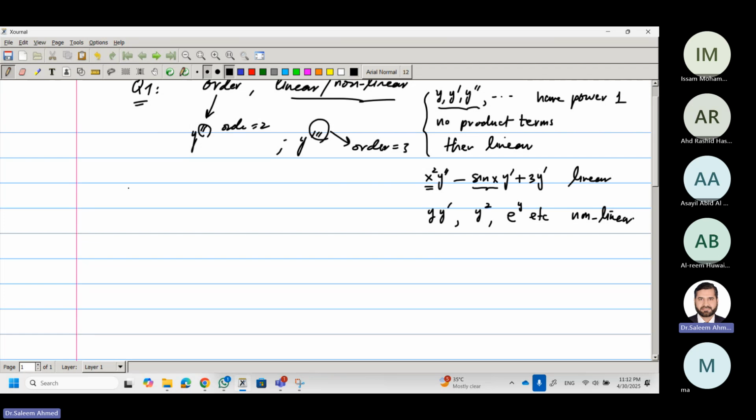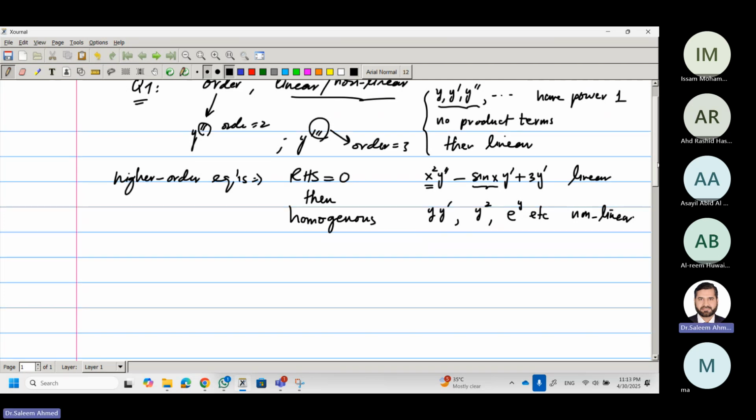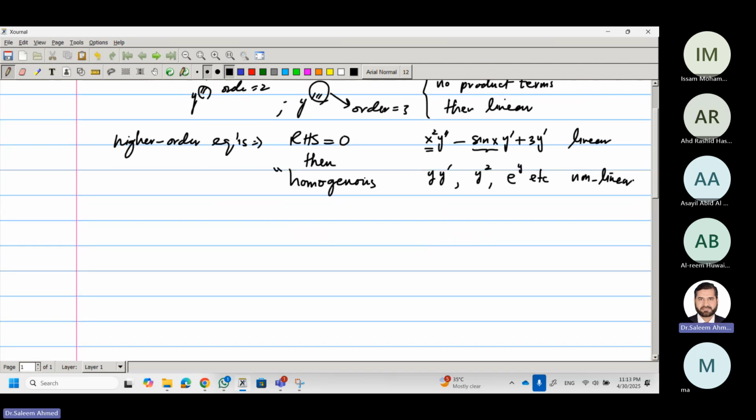Okay. Similarly, in higher order equations, if the right hand side is equal to 0, then we call it a homogeneous equation. Otherwise it is non-homogeneous. For example, if you have x square y double prime minus 3xy prime plus y equal to cosine x, see, the right hand side is not 0 here.